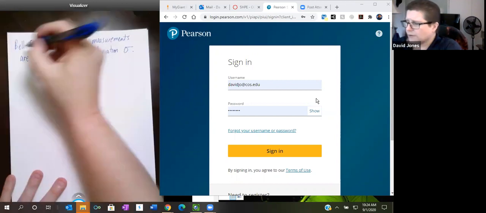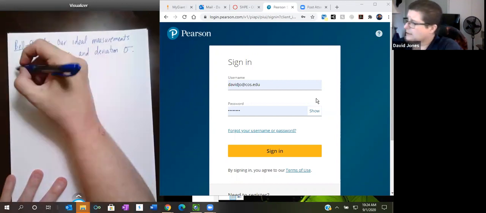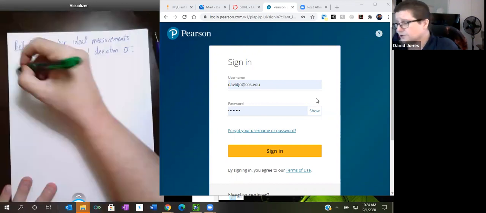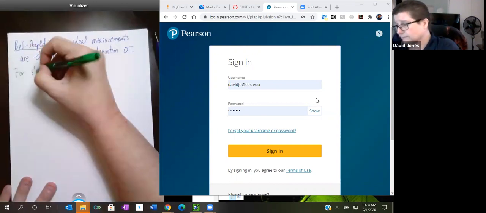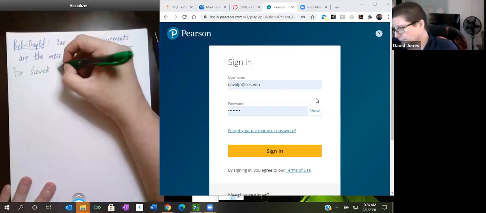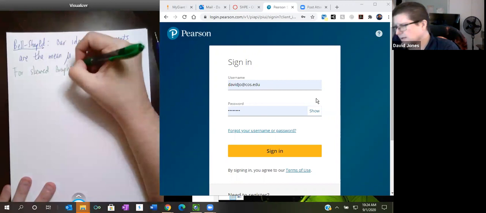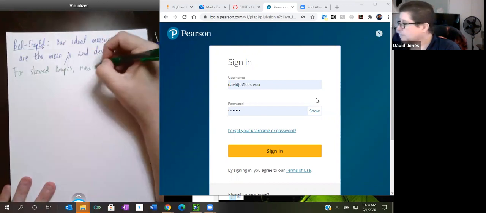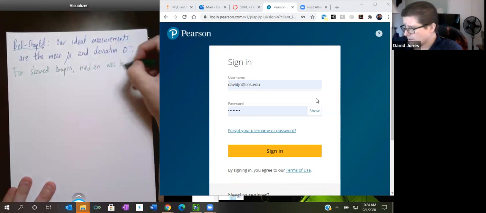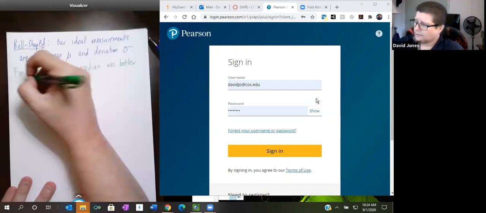For skewed graphs, we don't like the mean. Median was better to locate the center.